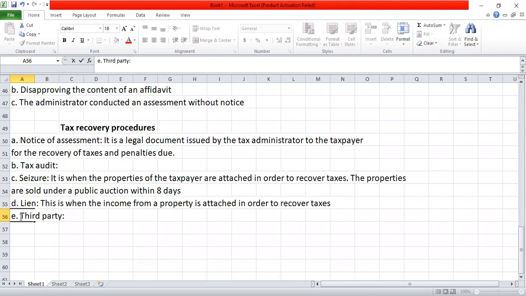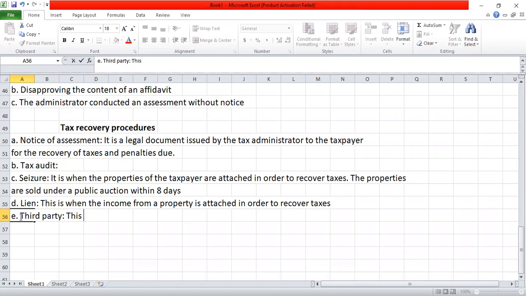So in a third party, the tax administrator can write to either the receivables or can write to the bank for not giving the money to the taxpayer, and the money is paid direct to the account of the tax administrator. Or if it is a bank, they can freeze the account and you cannot remove the money from the account until the taxes are paid.